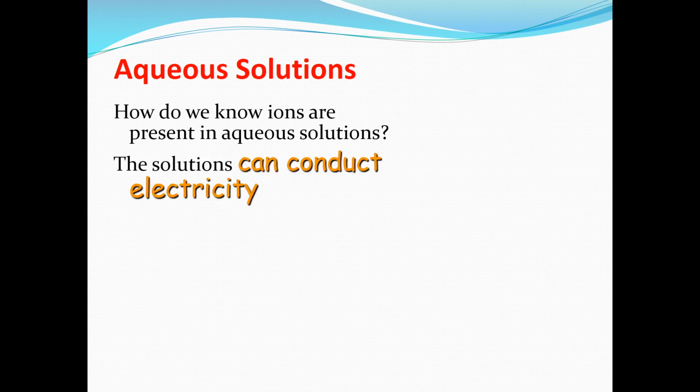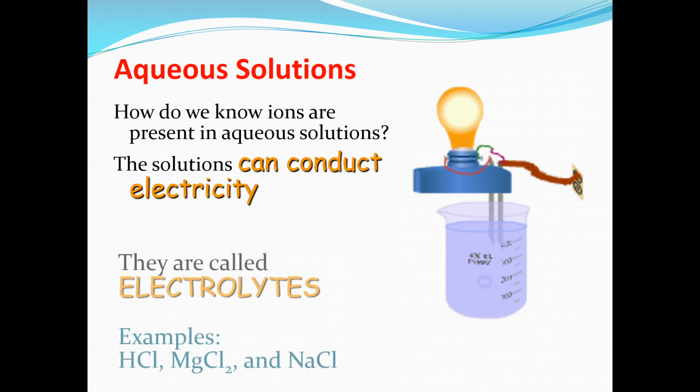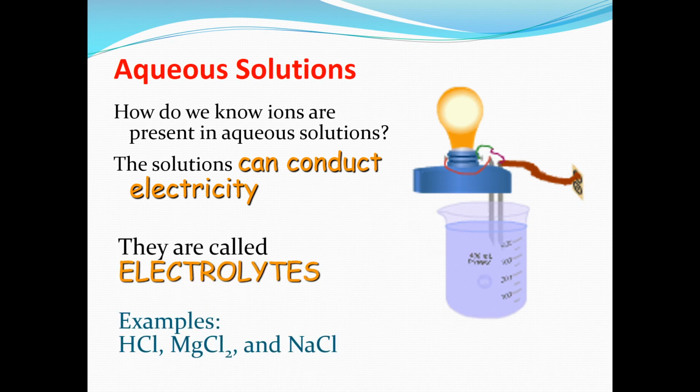So solutions that can conduct electricity are known as electrolytes. Did y'all know that water is one of the best things to insulate electricity? You cannot conduct electricity through pure water.